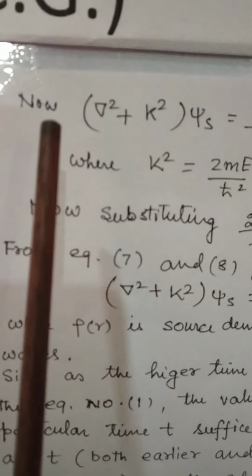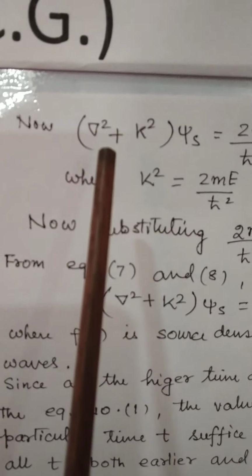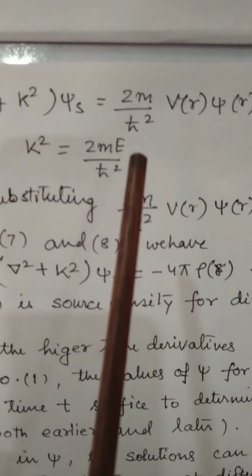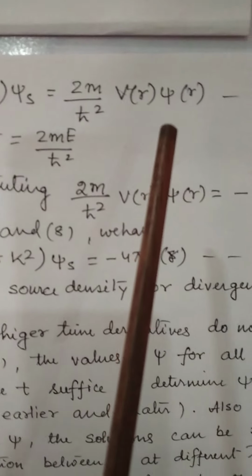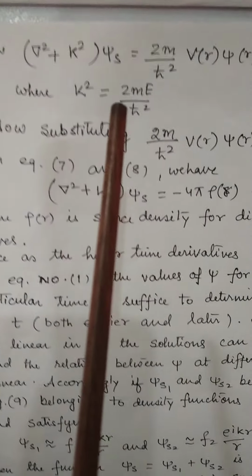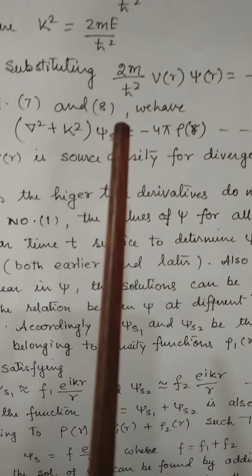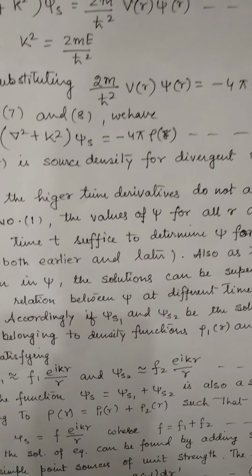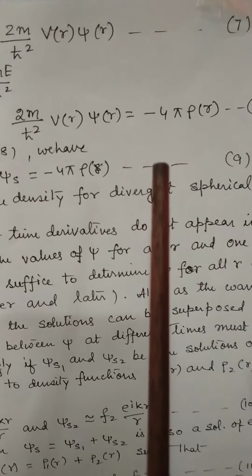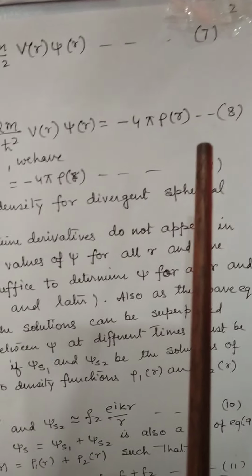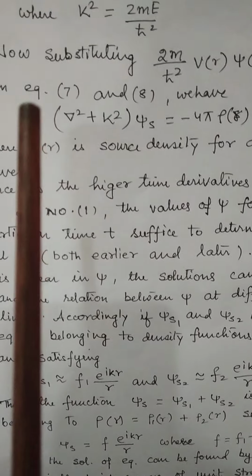Here (∇² + k²)ψs equal to 2m/ħ² multiplied by V(r)ψ(r), which is equation number 7, where k² equals 2mE/ħ². Now substituting 2m/ħ² multiplied by V(r)ψ(r) equal to -4πρ(r), which is represented as equation number 8.